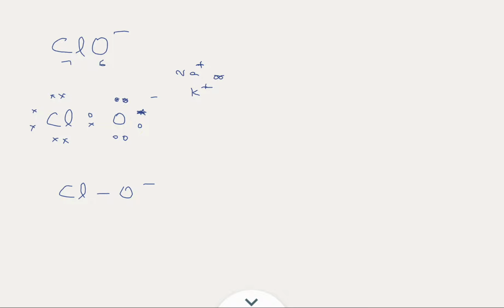Now the next one is the nitrate ion. Here you can see that there is a 1 minus charge again. Nitrogen is in group 5 and oxygen is in group 6. Nitrogen is the central atom and it has a 1 minus charge, meaning one of the oxygens has gained an electron from a cation.